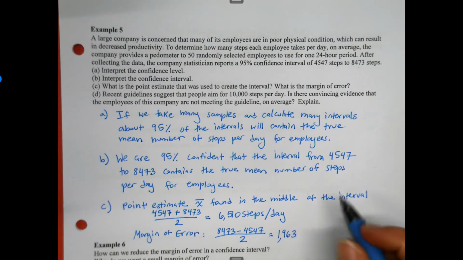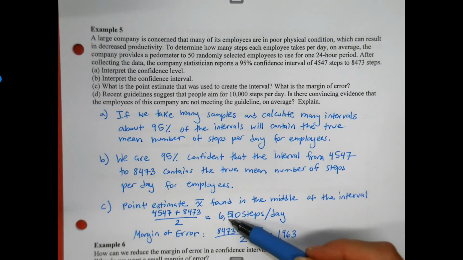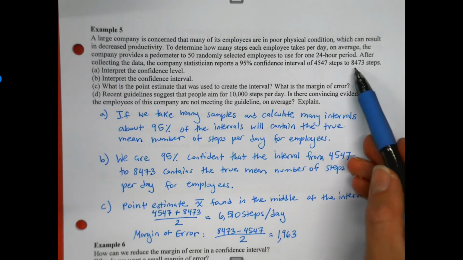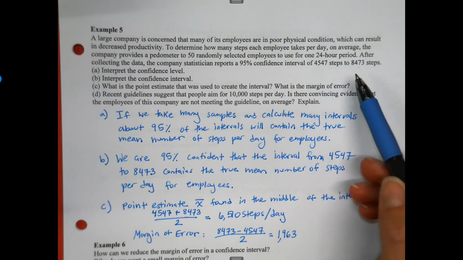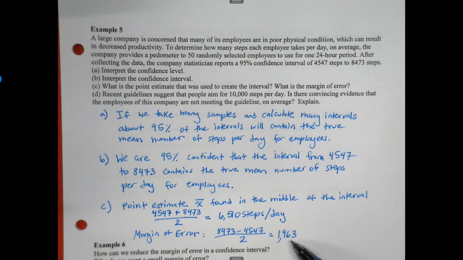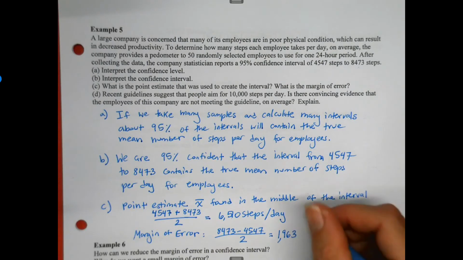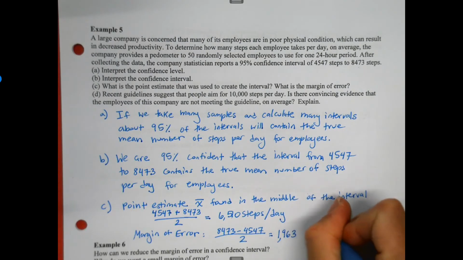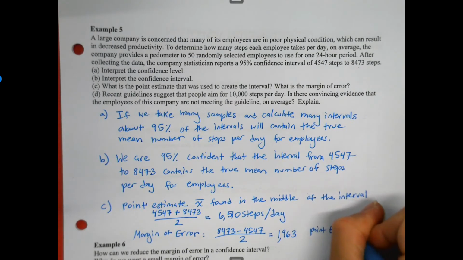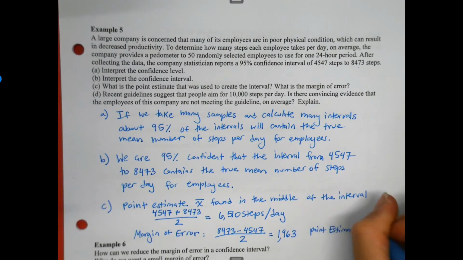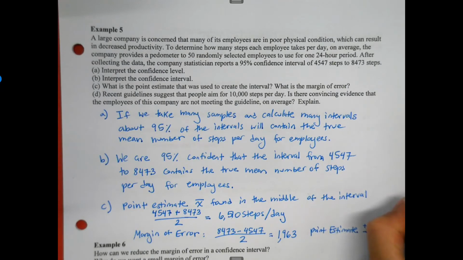Or we could take 6,510 and subtract it from 8,473, which will give us also 1,963, since our point estimate is plus or minus the margin of error.